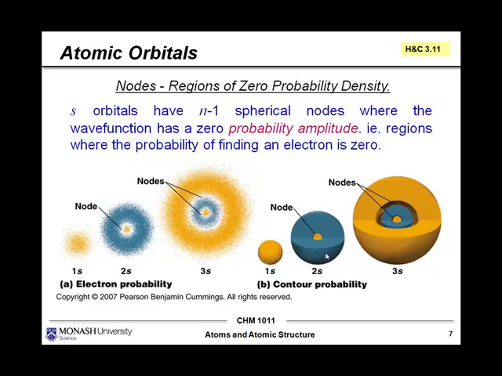One of the weird things about quantum chemistry is that an electron can actually go from one region through a node to the other region, but that mathematically speaking, the electron can never ever be at the spot where the node exists. There's a phenomenon called tunneling, which allows the electron to go from one non-zero probability region to a neighboring non-zero probability region.